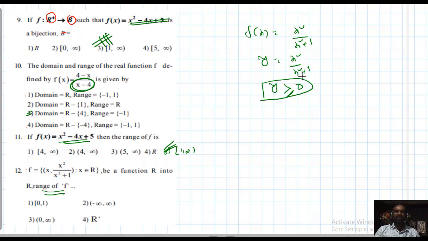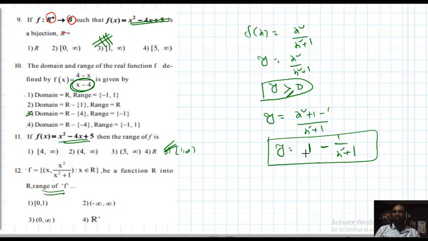Now you want to find its greatest value. Several ways are there. I already explained a problem in a previous part, so another way I will explain here. Add 1 and subtract 1 in the numerator: y equals x square plus 1 by x square plus 1 minus 1 by x square plus 1. What does this show? Your y value is lesser than 1, because 1 by x square plus 1 is positive, as x square is non-negative, plus 1.